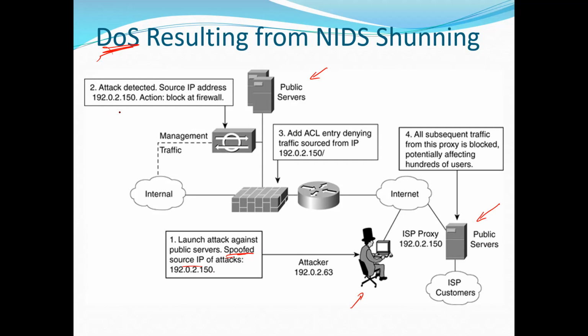The IDS detects the attack, and because it's a spoofed packet, it blocks 150. Now the IDS communicates with the firewall to add a new ACL entry denying traffic sourced from IP 0.2150. And so all subsequent traffic from this server is blocked, but that could potentially affect hundreds of users, right? Because it was actually a legitimate IP.